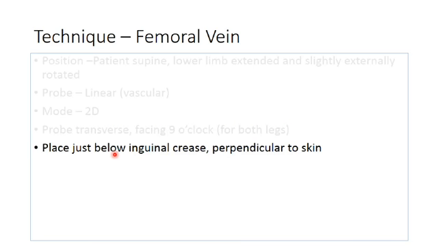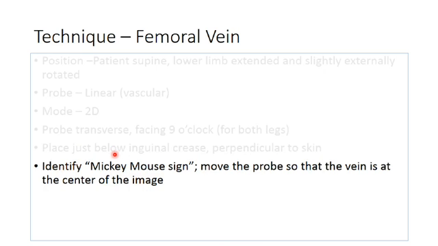Then place the probe just below the inguinal crease, perpendicular to the skin, and search around. You might have to move the probe up and down, cephalad, caudad, medial and lateral, till you identify the Mickey Mouse sign, and you'll have to make sure that all the 3 components of the Mickey Mouse, namely the face and the 2 ears, which is the femoral artery, the femoral vein and the saphenous vein, are all seen in the same image.